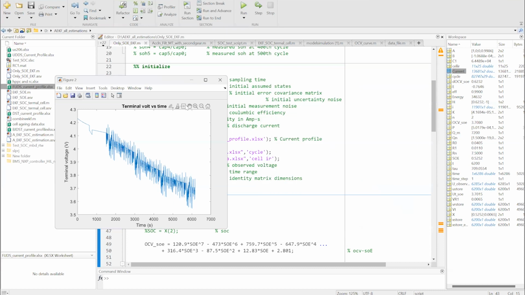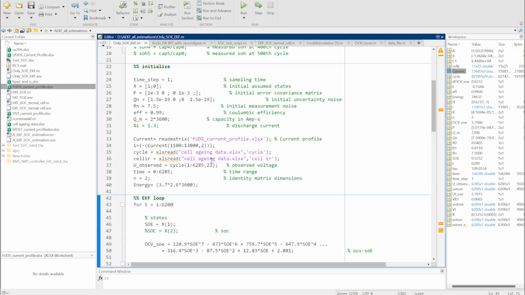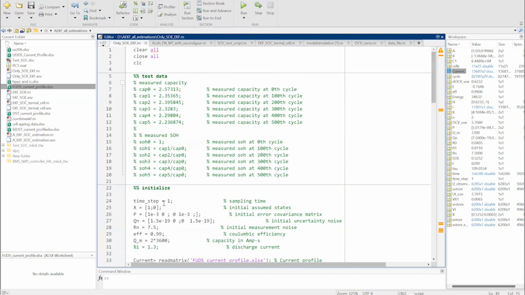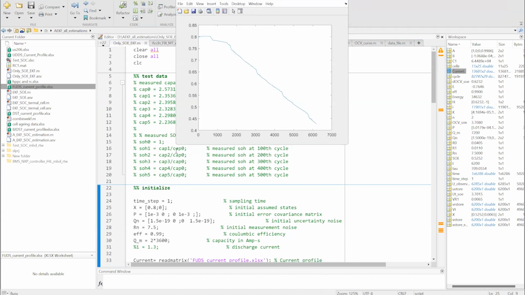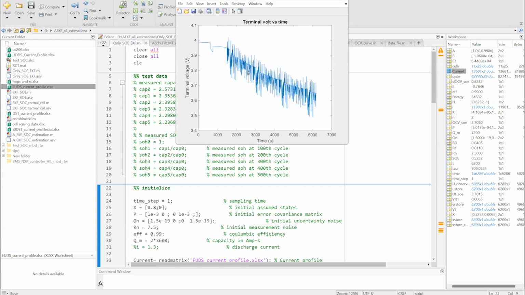If I try to give a different value, it will start with a different SOE. Just trying to put some random value. You can see.